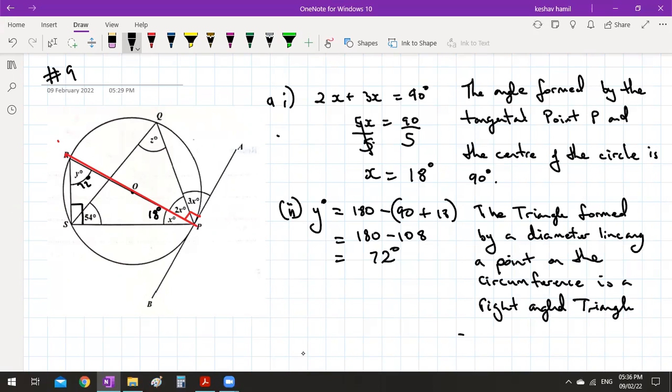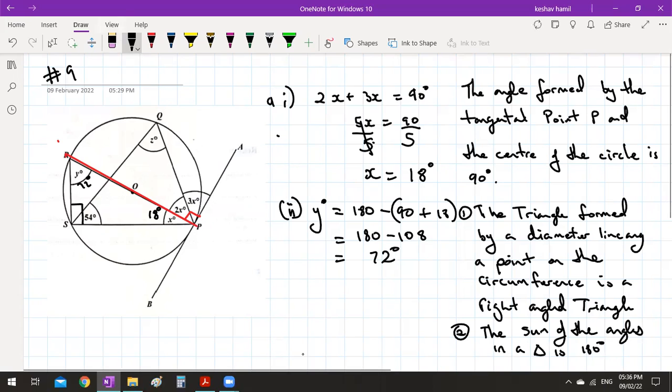And the second reason would be that the sum of the angles in a triangle is 180 degrees.